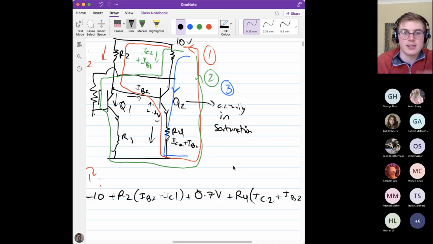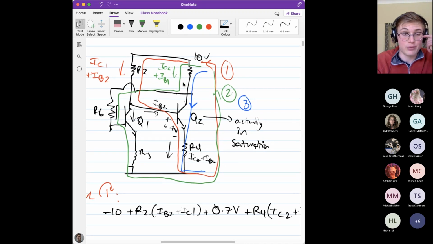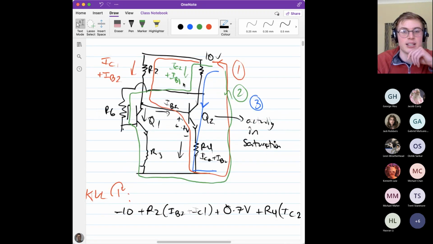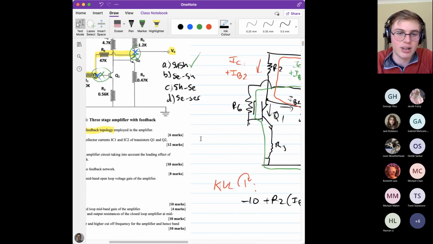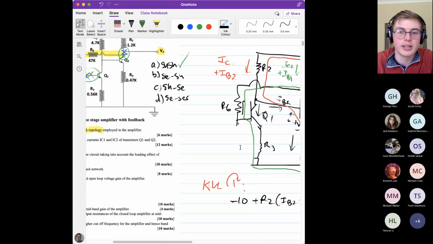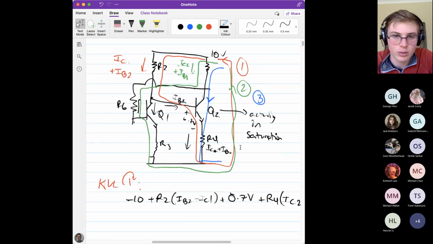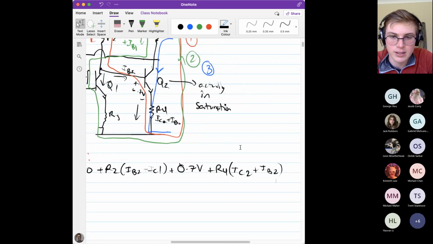When you're doing these DC equations, if it was something easy like we looked at in the midterm crash course, when it was just a voltage divider or something, you wouldn't have to go through all of this KVL. The reason that this is chunky is that it's a 12-mark question. You're not going to get anything this long in your final, but it's good to see the process.